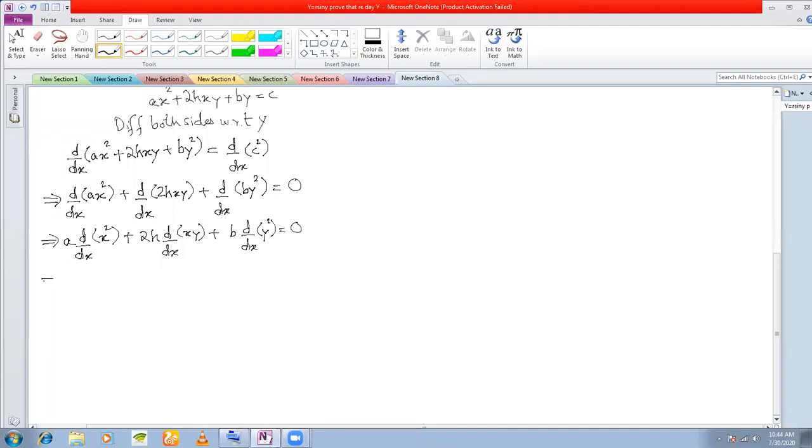Now d/dx of x square is 2x, so this becomes 2ax plus 2h, and this you differentiate by u into v: x d/dx of y plus y d/dx of x, plus d/dx of y square is, first we differentiate with respect to y to get 2y, so you get 2by into dy/dx.